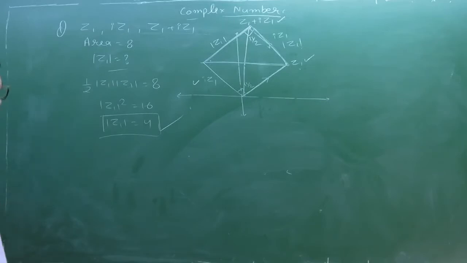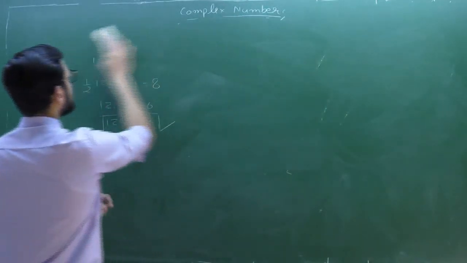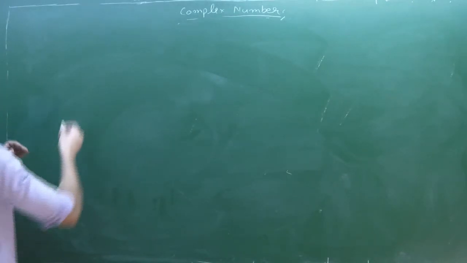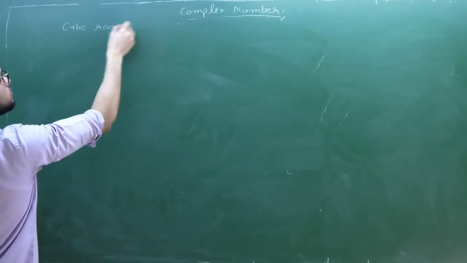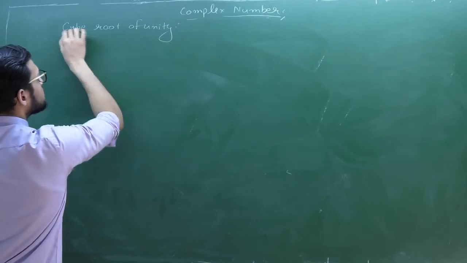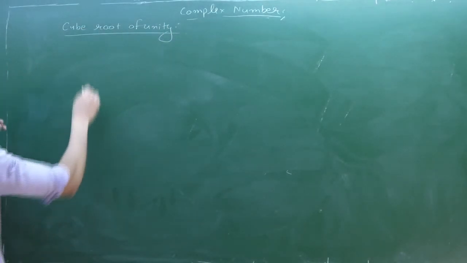Okay, all right. Then we have the cube root of unity. It means suppose we have an equation like x cube is equal to 1.